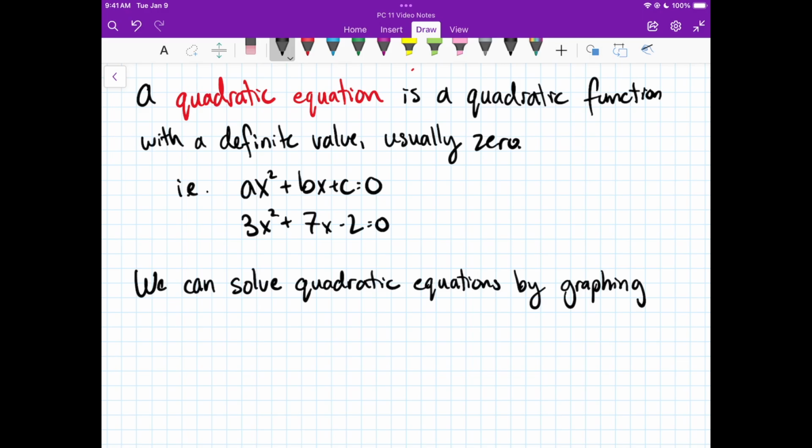But you can't graph an equation that's equal to 0, so we're actually going to go back to those quadratic functions from Chapter 3 and graph the corresponding quadratic function. So that basically just means you're going to swap out the 0 for a y.